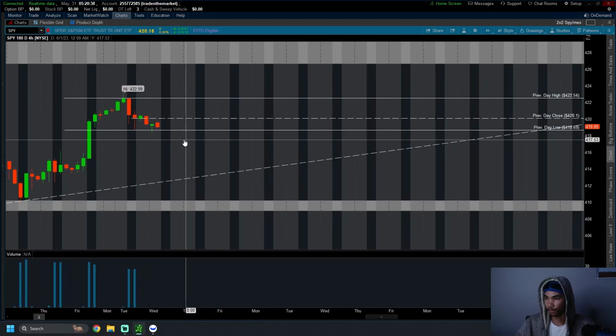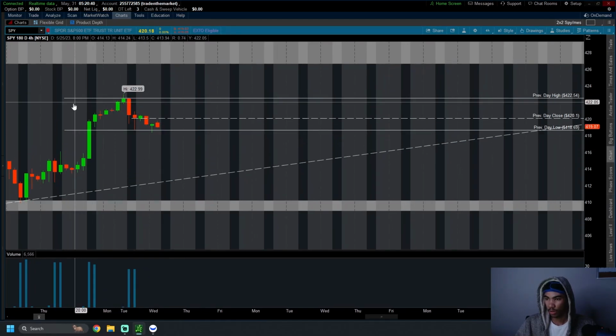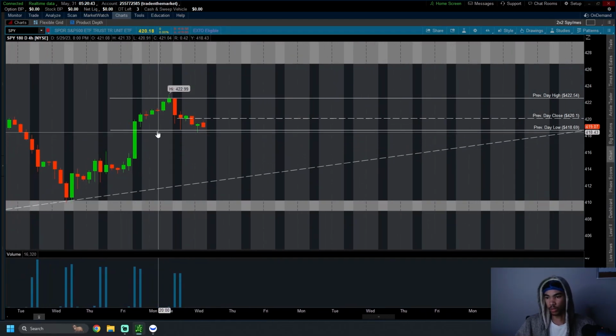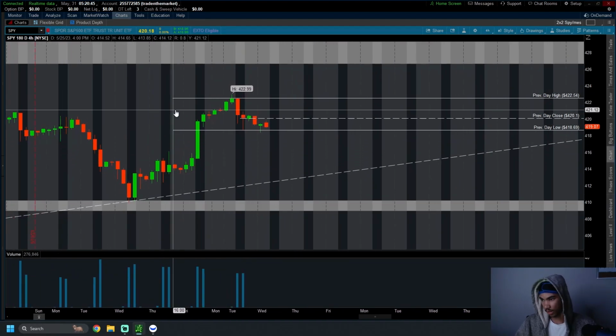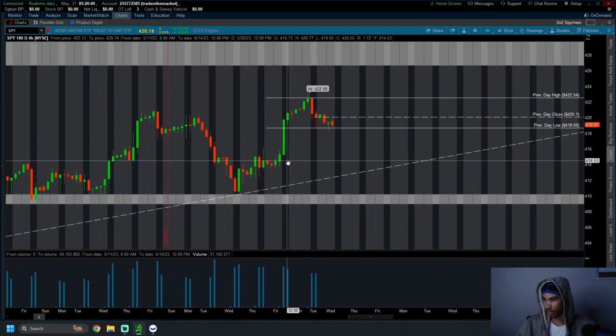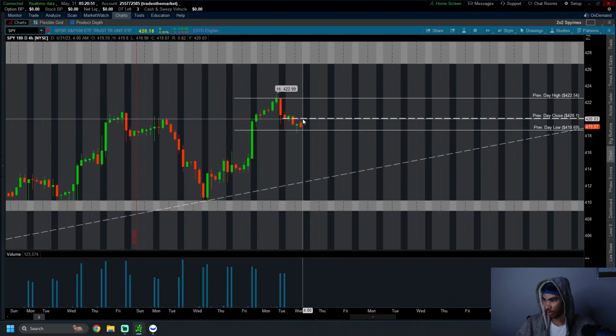So now we're on the 4-hour, so we'll be looking for significant price action within recent time for levels and zones, right? Here we have our previous day's close. We have a little bit of significant price action around the close.